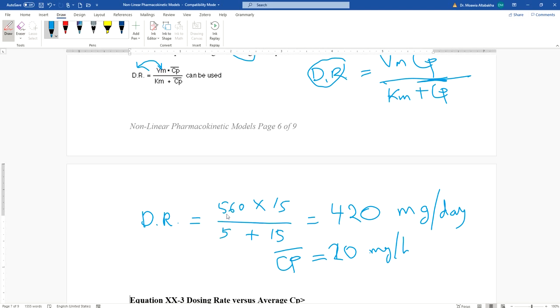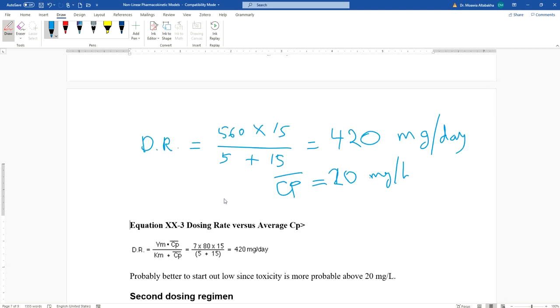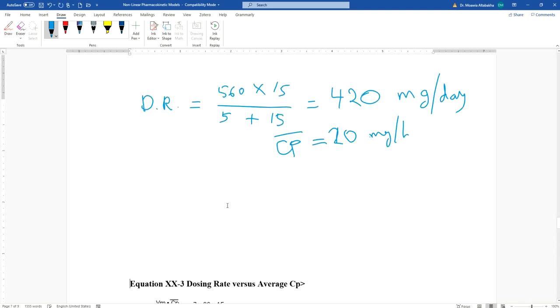So you expect that maybe this one is wrong, or both are wrong. Initially, what we usually do is assume that the VM is incorrect, because usually the changes between people are in VM more than Km. So we will assume that VM may be incorrect.